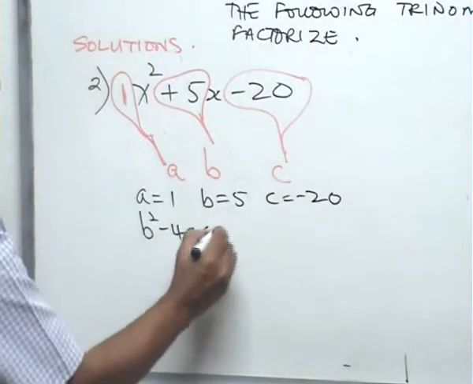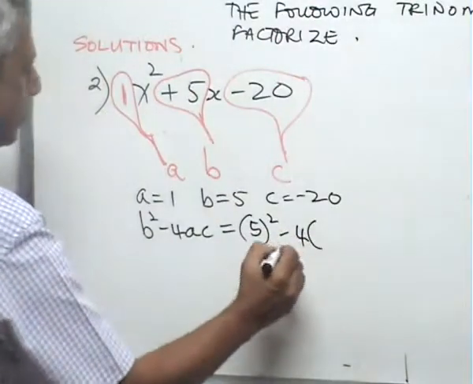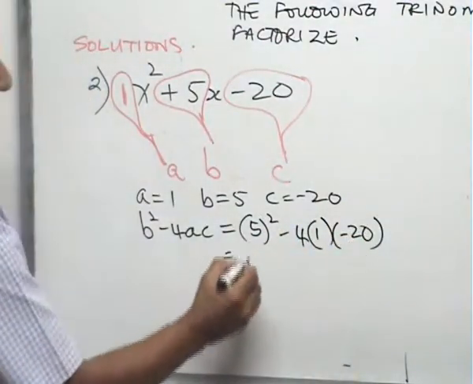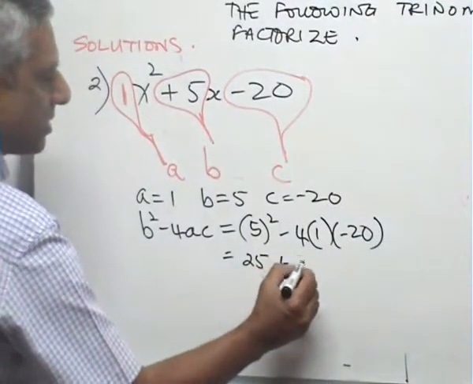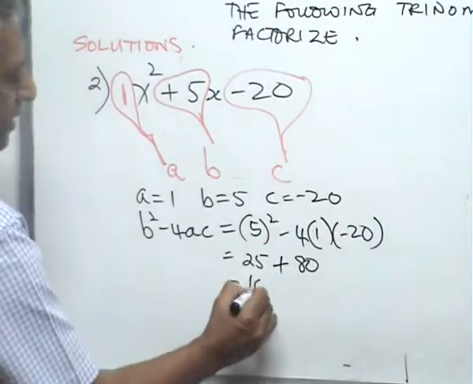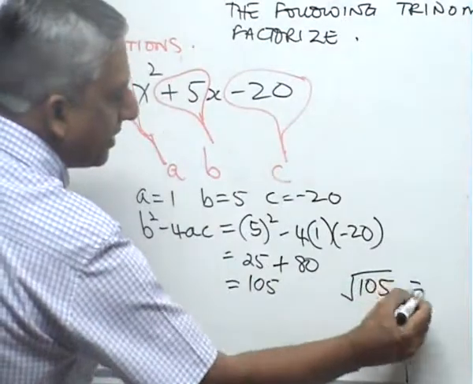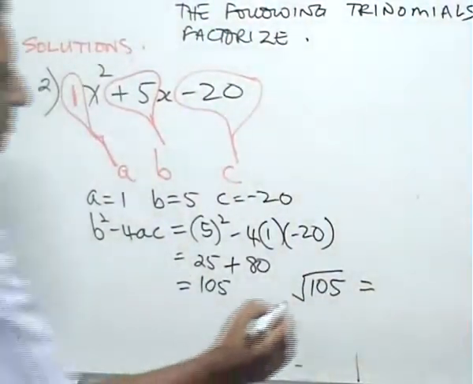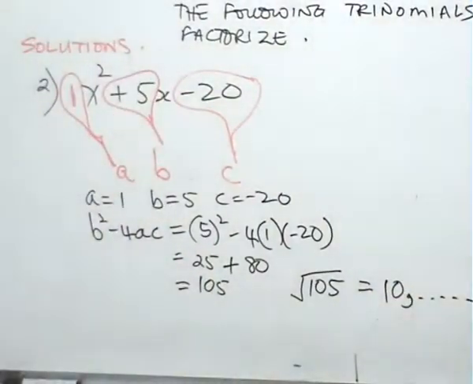B squared minus 4AC is equal to 5 squared minus 4 into A into C. So you get 25. Put that in your calculator, you get plus 80. Add it up, you get 105. When you find the square root of 105 in the calculator, you're going to get an answer which is 10 point something something something. It won't be exact.